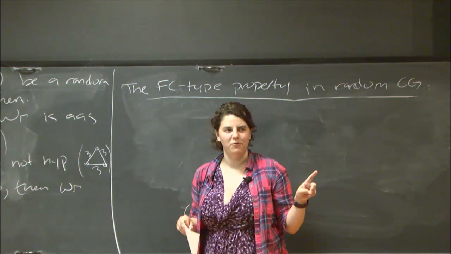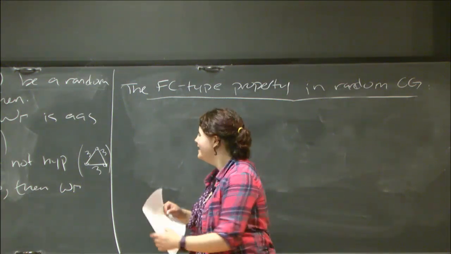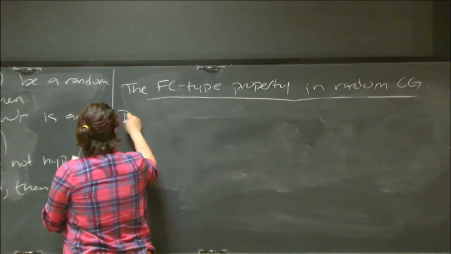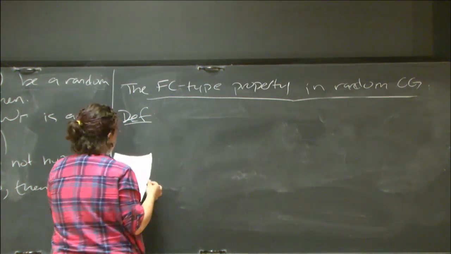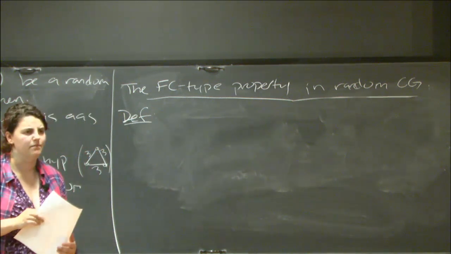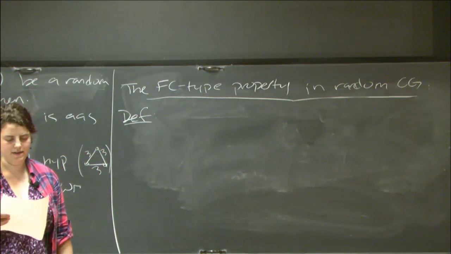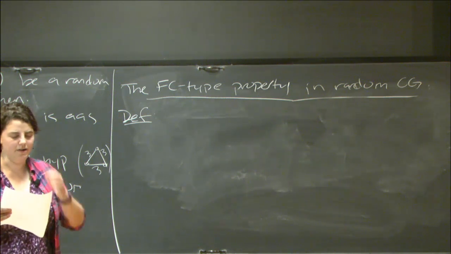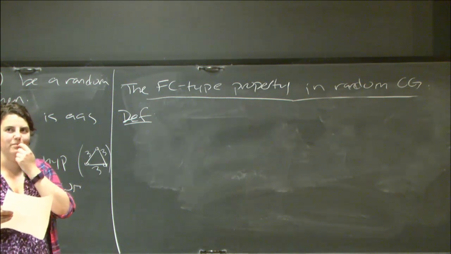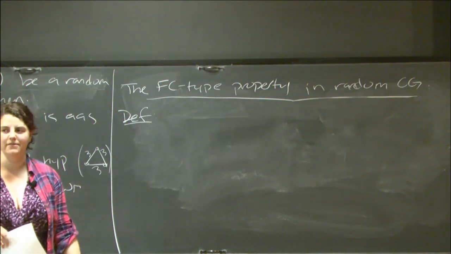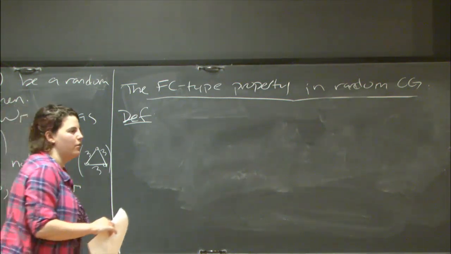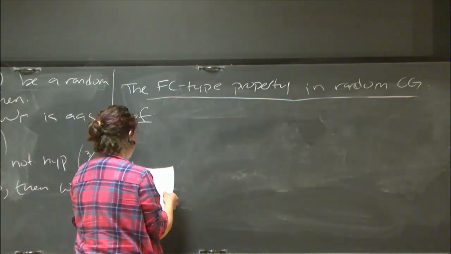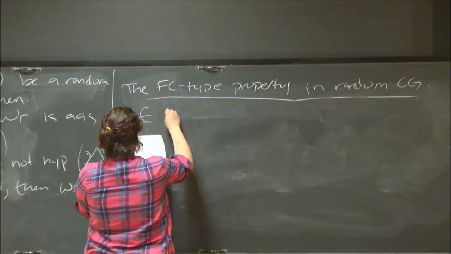I promised some people I would be done by 12:15, so I'm aware of that. First I'm just going to tell you what this property is, and then I'll state the theorem and maybe wave my hands a little bit about what some of the work that went into the proof was, but maybe not.